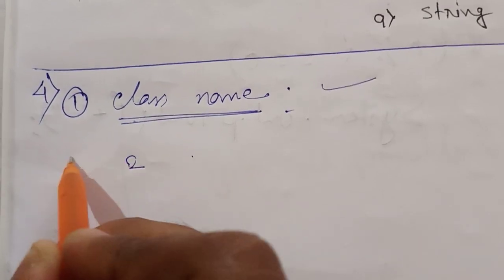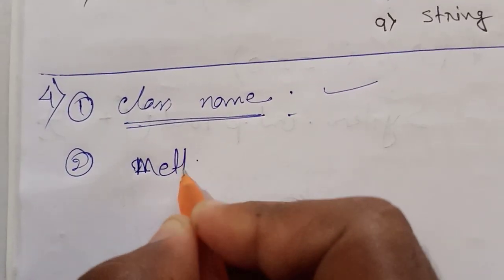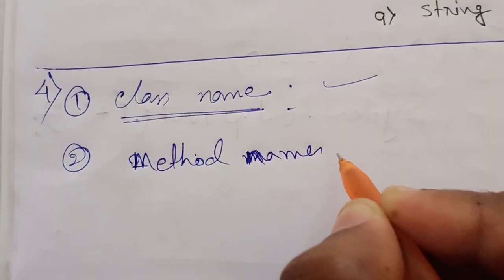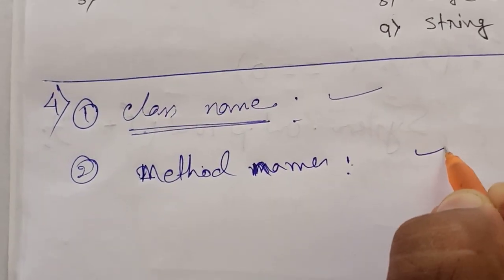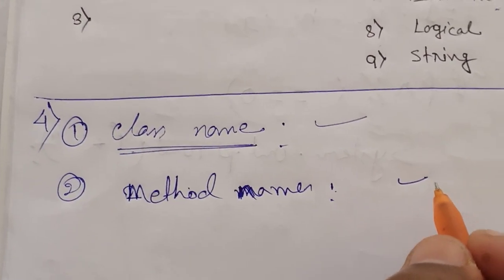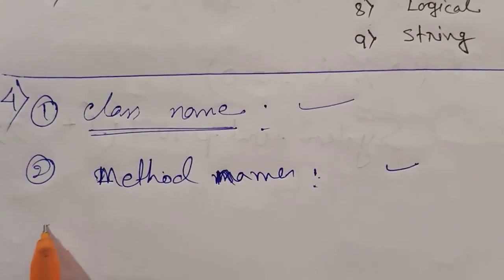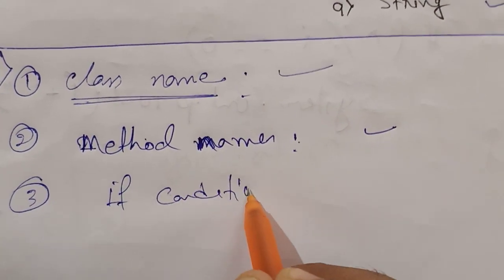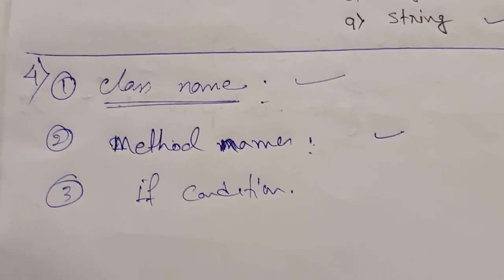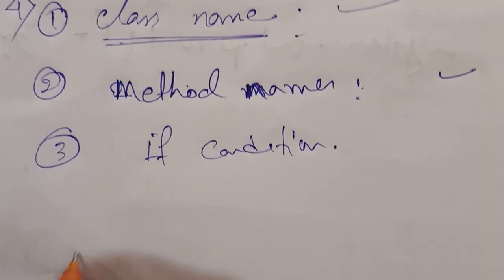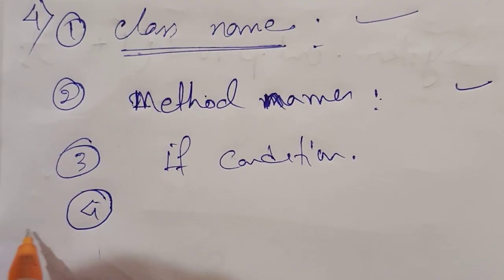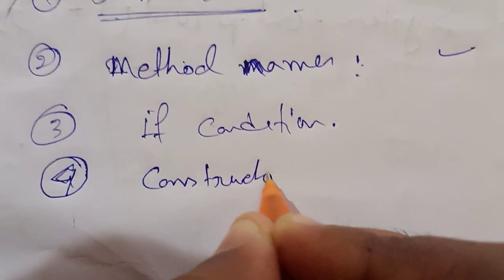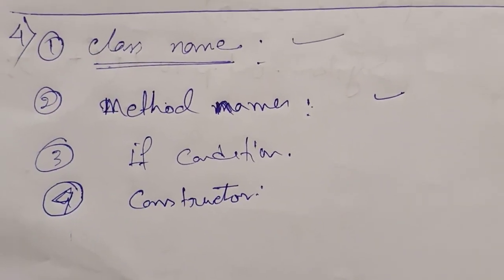Second, the method name. Whatever method name is present in your class, you use that particular method name. Third is the if condition. And the fourth is sometimes present or sometimes not present, which is the constructor.